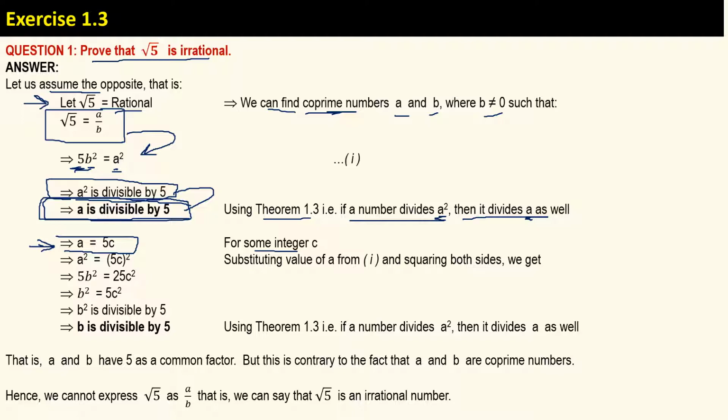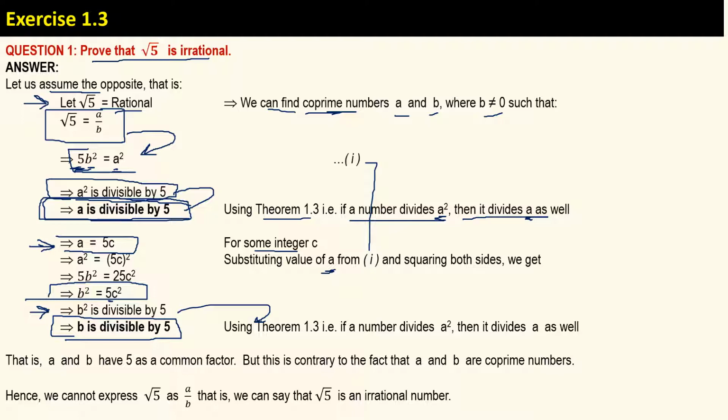Now if we rearrange and use the value of a in equation 1, that is a² = 5b², we get b² = 5 times c², which implies that b² is divisible by 5, because we have 5 as a factor of b². Now again using theorem 1.3, we get that b is divisible by 5.